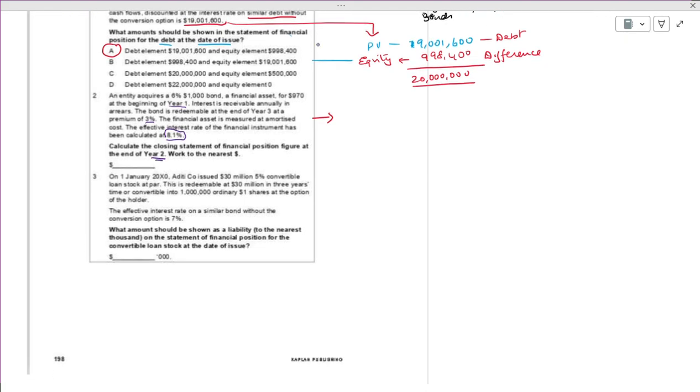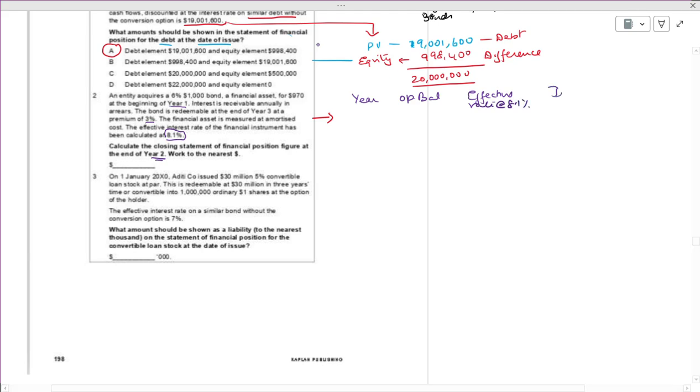If they are asking the closing balance at the end of year 2, we cannot do it directly for year 2. What you have to do is year 1 and year 2. Year 1, the same thing. Opening balance, you have the effective rate of 8.5%.